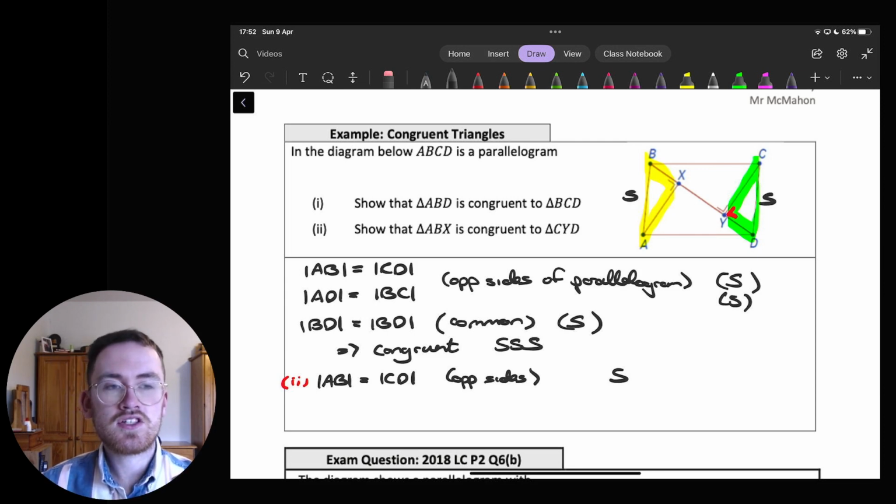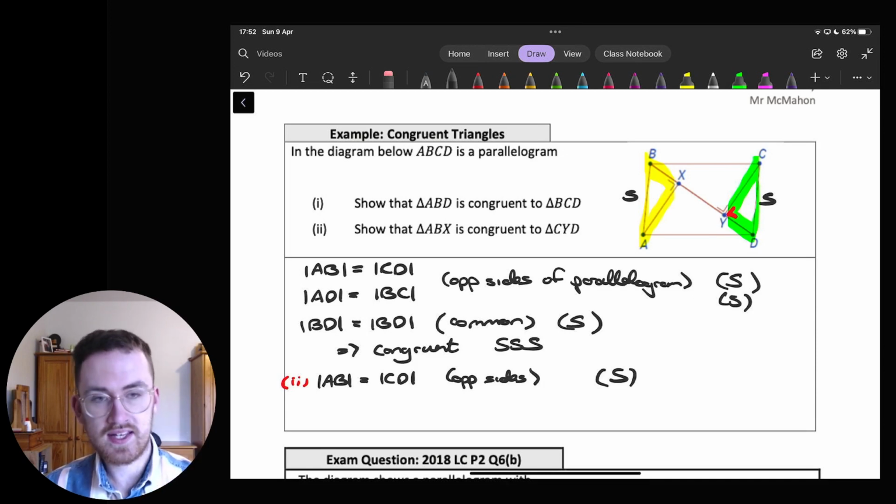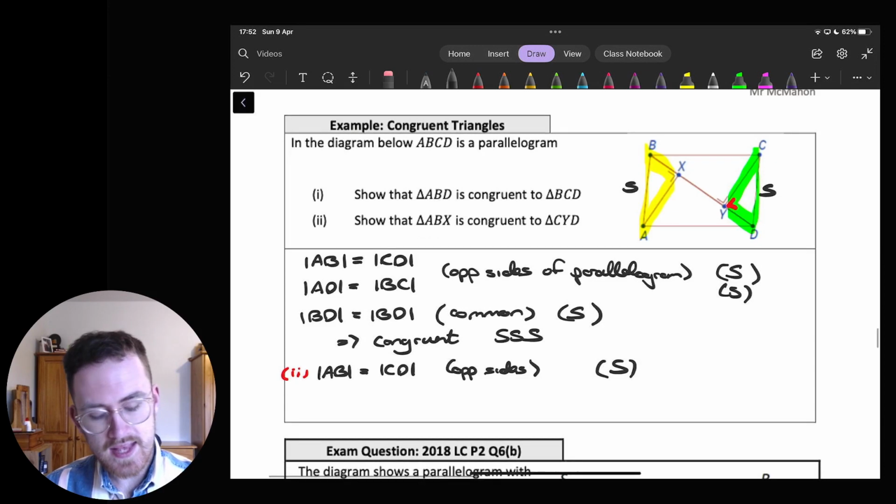Now, what I might like to do here is work out some of the other sides, but there's nothing in the question that gives me a quick way to find one of the other sides. Something that I do know is that in a parallelogram, opposite sides are parallel to each other. And when I have parallel sides, I can use my parallel rules.